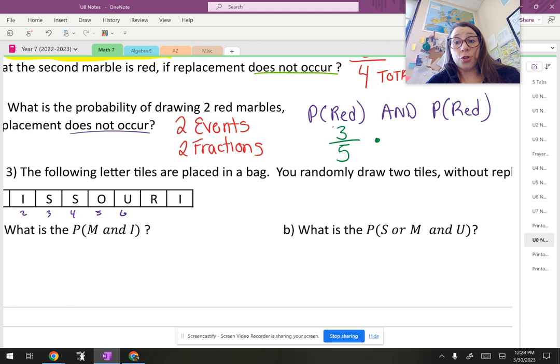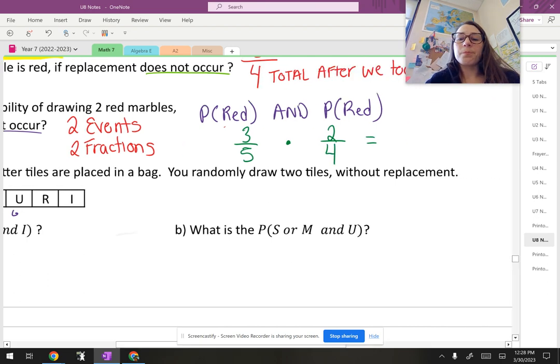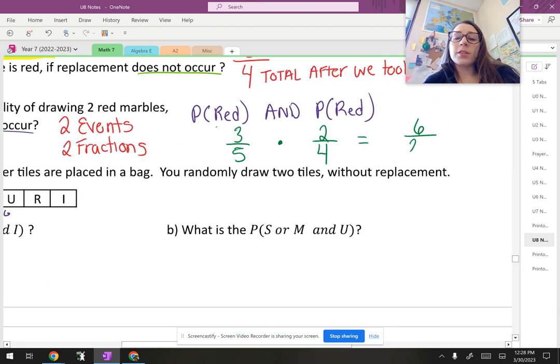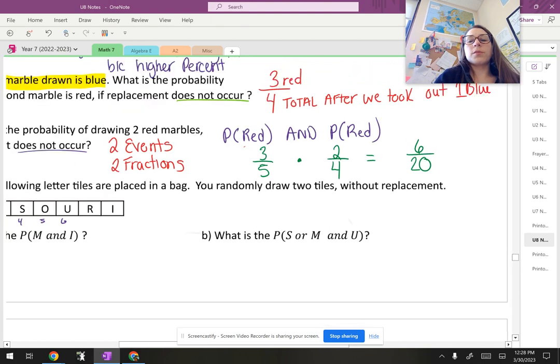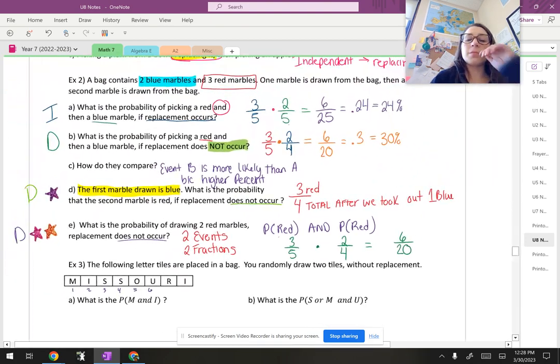We're down to 2 red marbles, 3/5 and because we already picked a red. So there's not 3 red, there's 2 red. And if there's 1 less red, there's also 1 less total, getting us down to 4. 3 times 2 is 6, 5 times 4 is 20. Boom. So that example will be very similar to the questions you're dealing with on your practice problem.